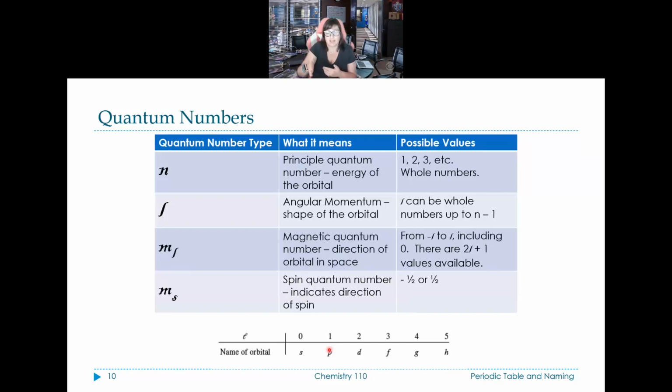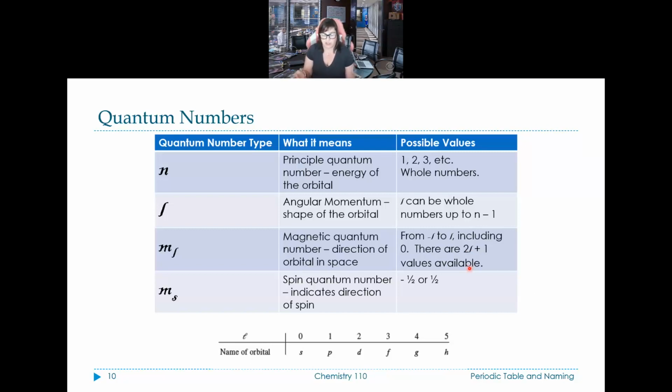There's one that goes on the x-axis, one on the y, one on the z. So that will tell us which of those directions it is. Now these ml values can go from negative l to l, including 0. So there are 2l plus 1 values available. All right, but that tells you which direction we're talking about. We don't really talk about, at least I'm not going to talk about, direction with anything beyond p.